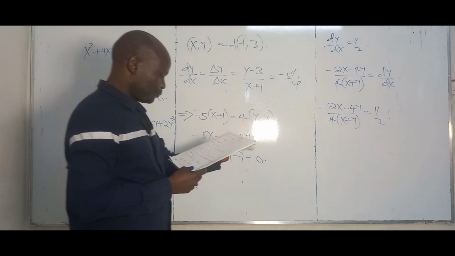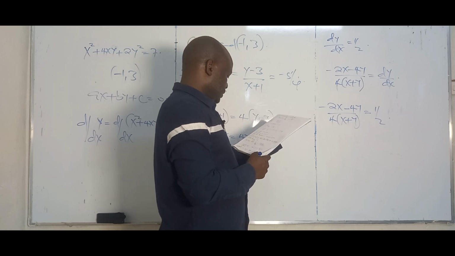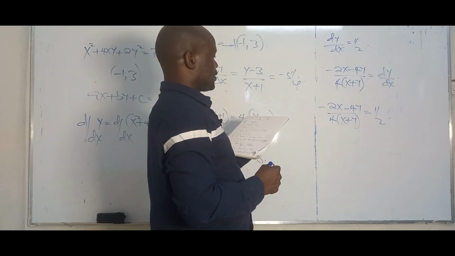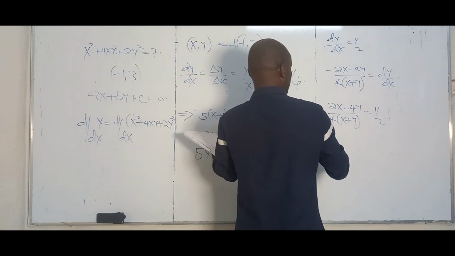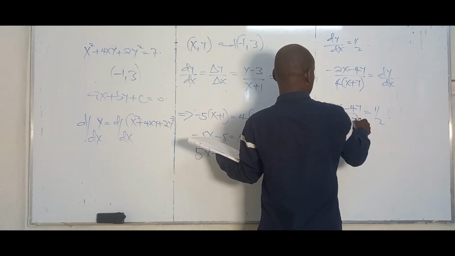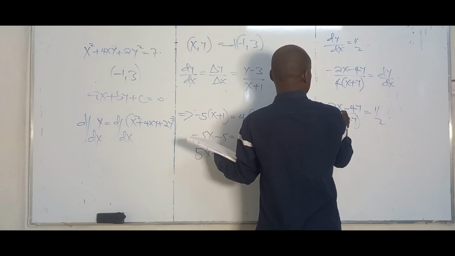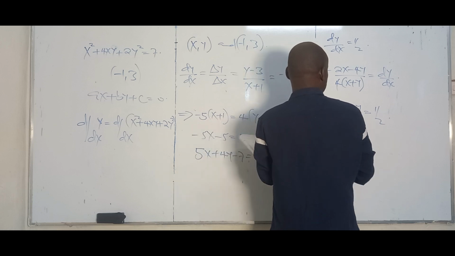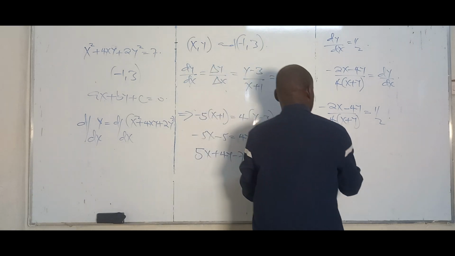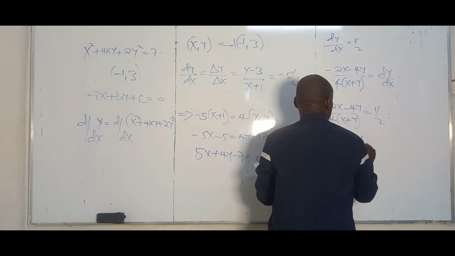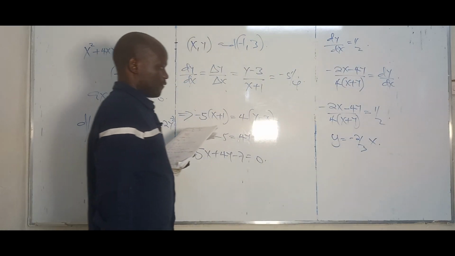If we solve this, upon simplifying, you cross multiply: 4 into (x plus y) is equal to 2 into (minus 2x minus 4y). If you do that successfully, you should find that y is minus 2 over 3 of x.